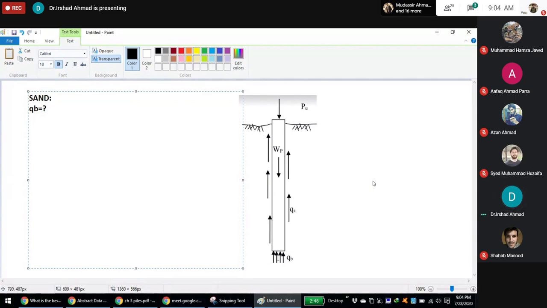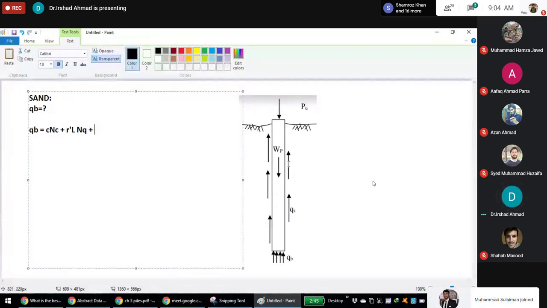QB for sand, you know, is equal to C NC plus gamma prime L into NQ. Instead of using gamma prime into D, the depth of foundation, here you have L, the length of the foundation. Here you want to find QB, so this is the L.